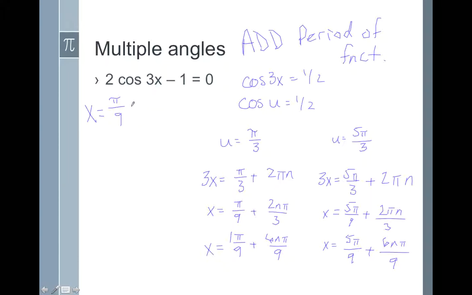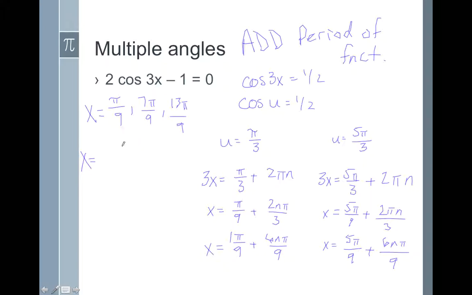So if I added 6 over 9, this becomes 7 pi over 9. If I added 6 again, I would get 13 pi over 9. If I added 6 again, I'd get 19. But 19 over 9 is bigger than 2. So that's the first 3 answers. Then you have to do the same thing for the second answer.